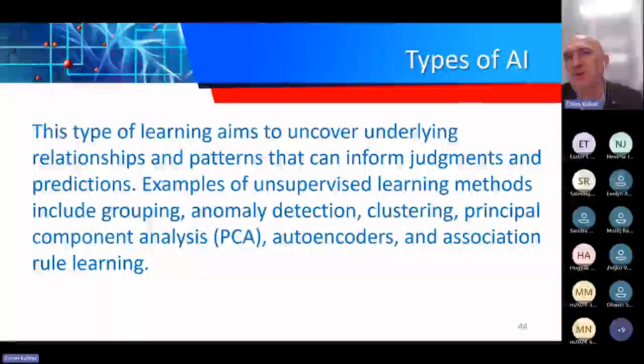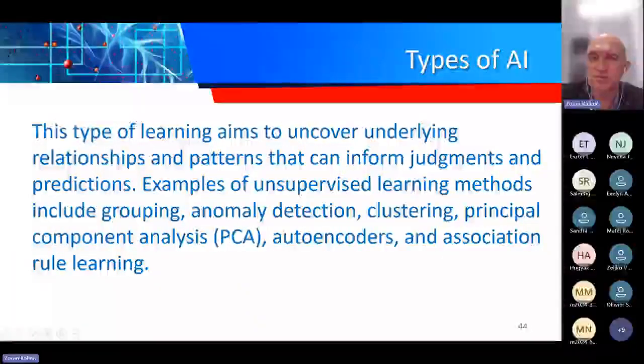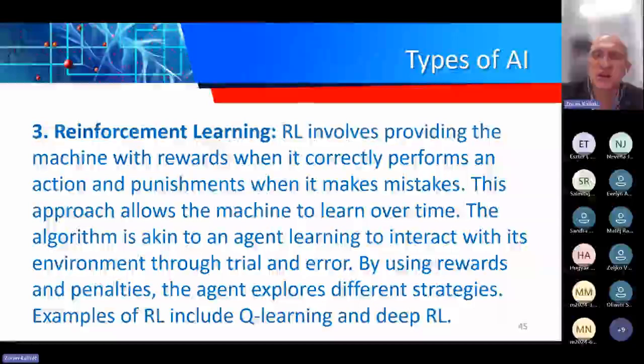And then you can implement different marketing techniques for different segments of your customers based on the characteristics which they share. Some of the methods used for unsupervised learning are grouping, anomaly detection, clustering, principal component analysis, and you can read the rest of them here.